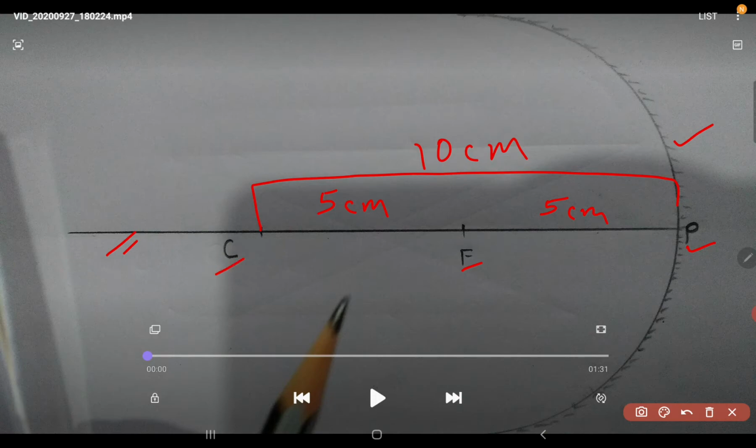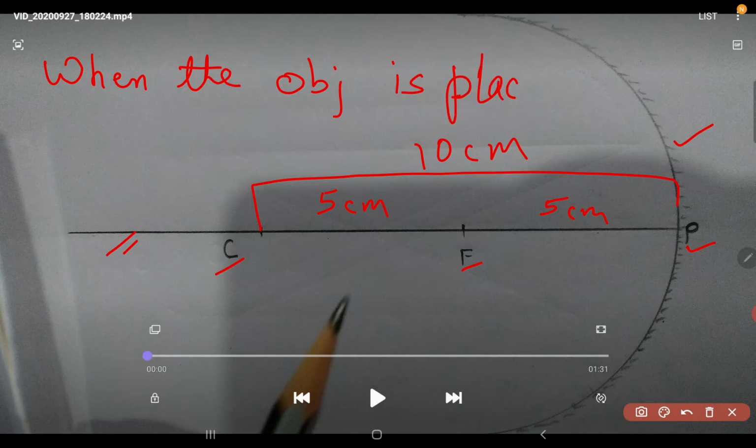So let's see the fourth condition. This is the condition for when the object is placed between C and F, that means somewhere around here. So let us watch the clip.